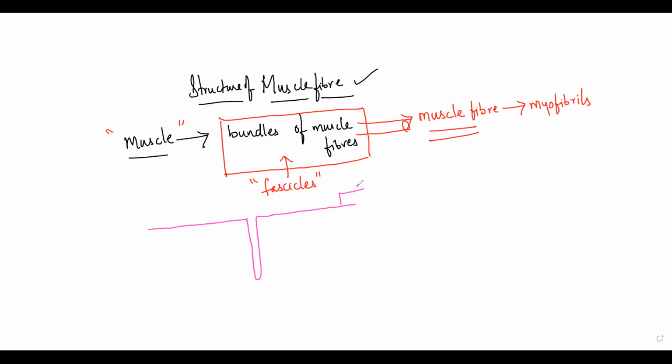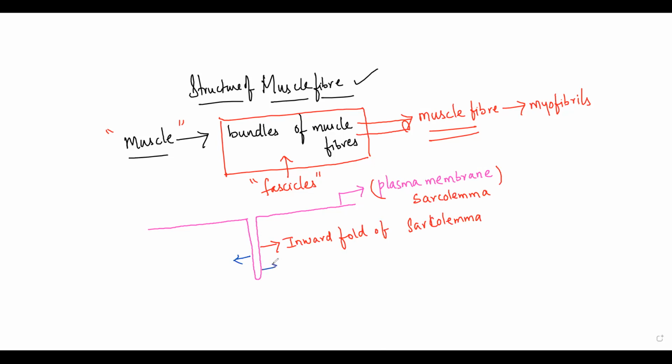This is the plasma membrane of your muscle fiber, and the muscle fiber plasma membrane is called sarcolemma. The sarcolemma is folded inwards, right? This is an inward fold of sarcolemma, right? So this is going to form a unique structure, and what do we call this unique structure?